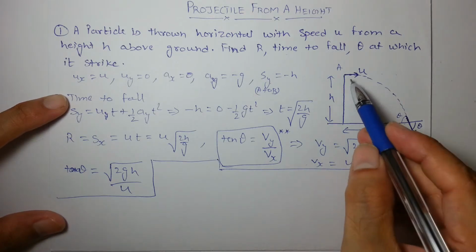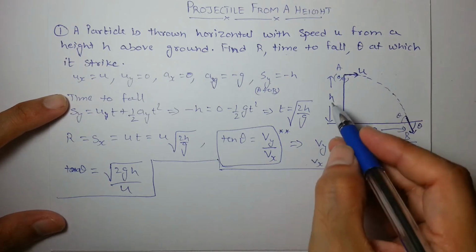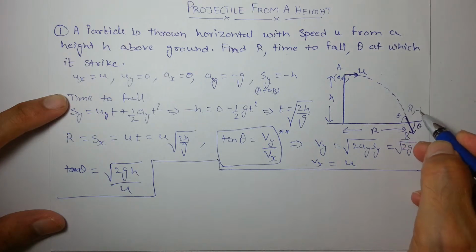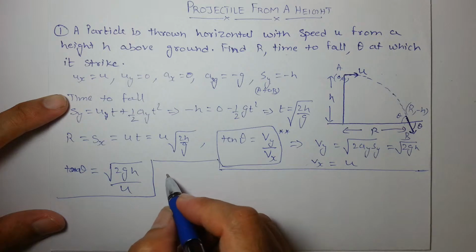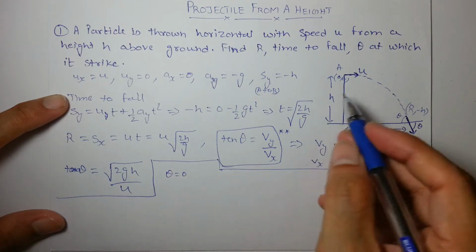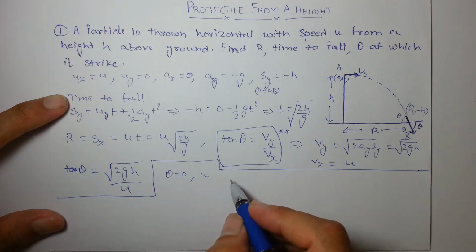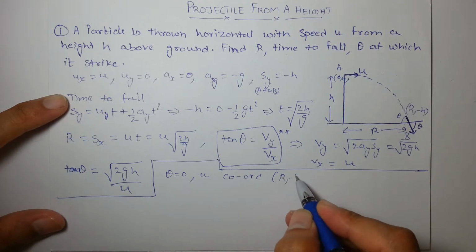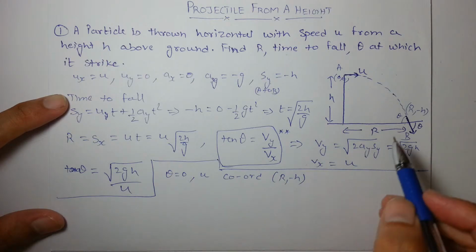Okay, so I will take this point as origin, and this point will have coordinate as r comma minus h, and the initial velocity is u and theta is 0. Theta is 0. Initial angle of projection is 0, u is given, and we had final coordinates as r comma minus h. Okay, r is the x coordinate and minus h is the y coordinate.